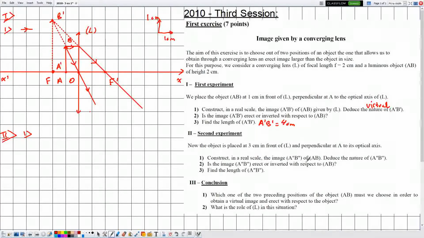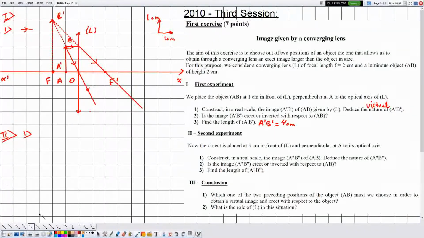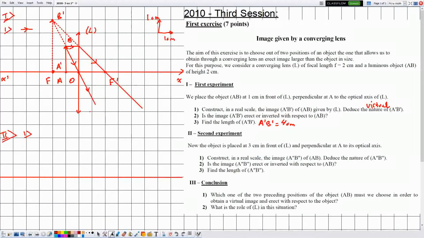Construct on a new scale the image A prime B prime, A double prime B double prime of AB and deduce the nature of A double prime B double prime. Okay, so we need to construct on a new optical system. First, let's place the optical axis having the same direction of propagation of light, which is considered to be from left to right.